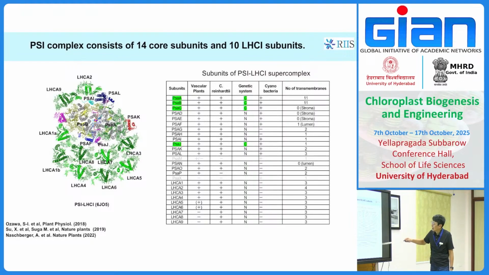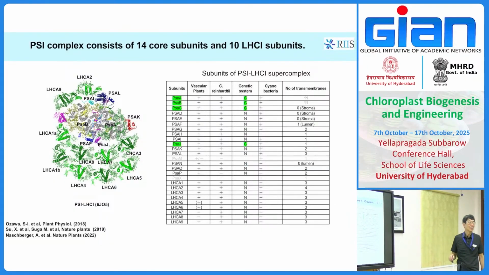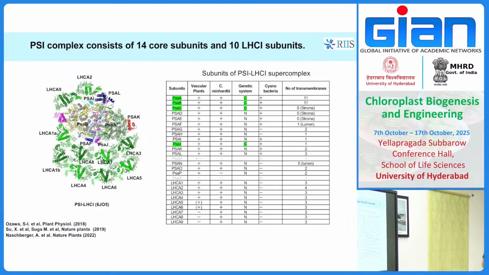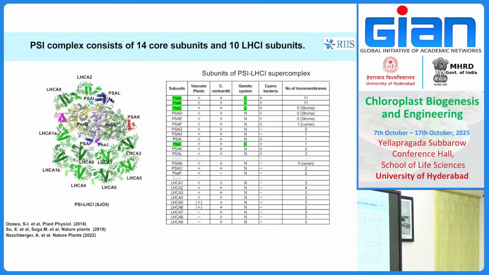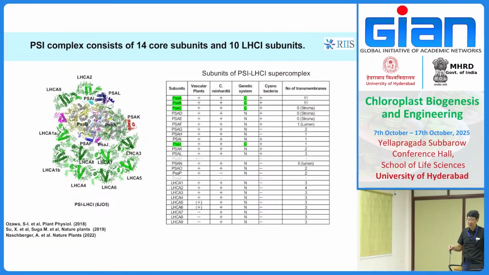In Chlamydomonas, there are 9 different LHCI and a total of 10 copies. The cyanobacteria has no LHC. It contains phycobilisomes instead of LHC. So PS1 also accepts the excitation energy from the phycobilisome, which is a different type from the phycobilisome of PS2.